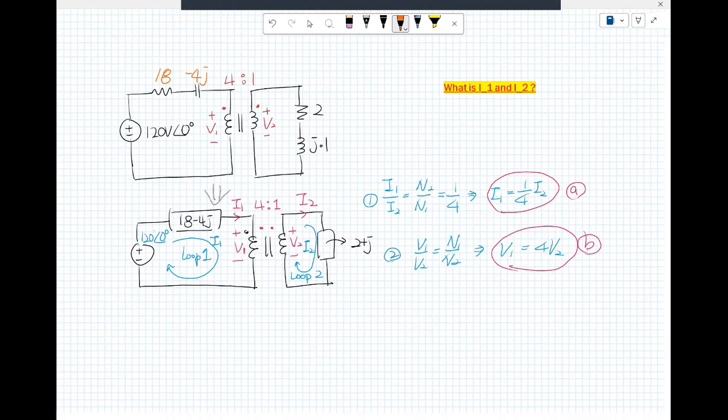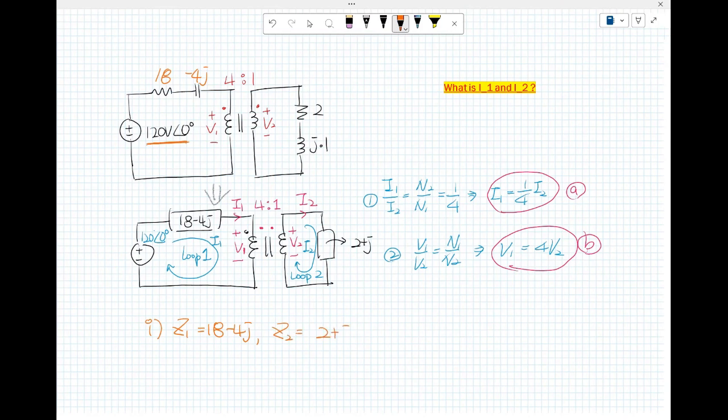This is the V sub 1, usually E sub 1 and E sub 2. This is the primary resistor and inductance. So that was for V sub 1, 120 volt. The secondary was 2 plus j. Primary impedance is 18 minus 4j. Secondary part 2 plus j.